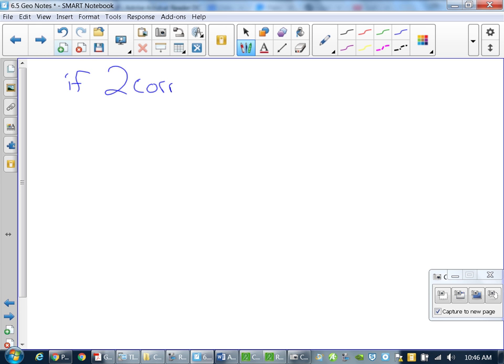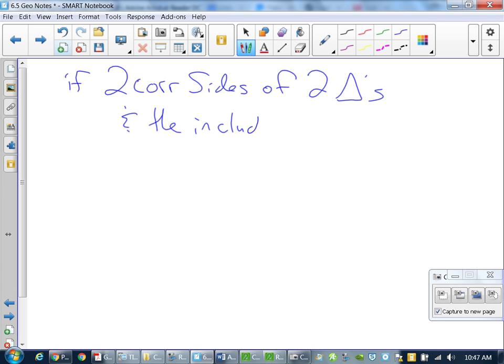If 2 corresponding sides of 2 triangles are proportional, and the angle between them, which is called the included angle, is congruent, then the triangles are going to be similar.